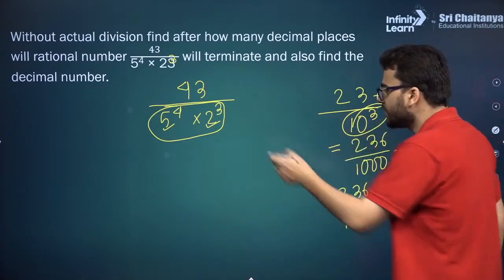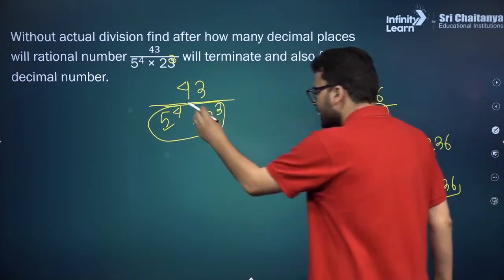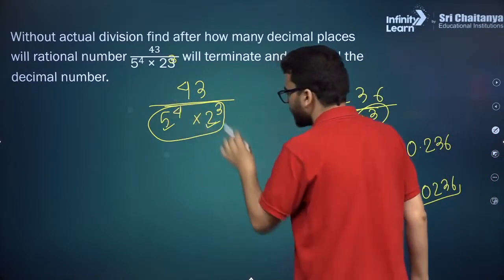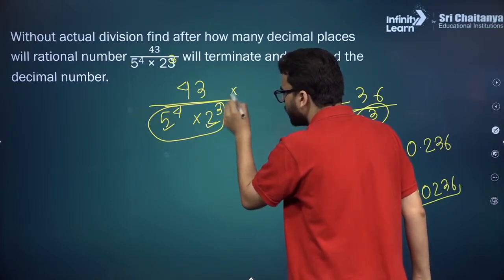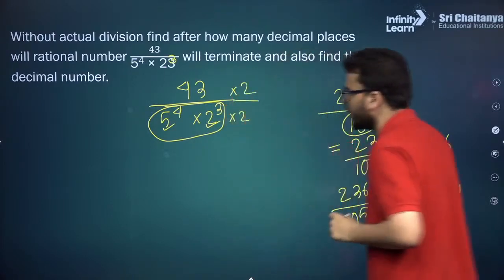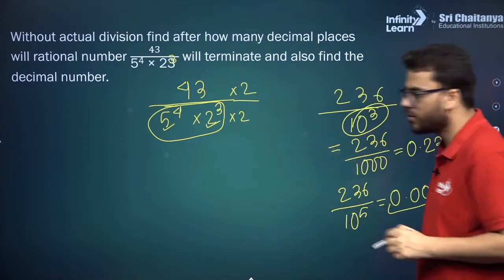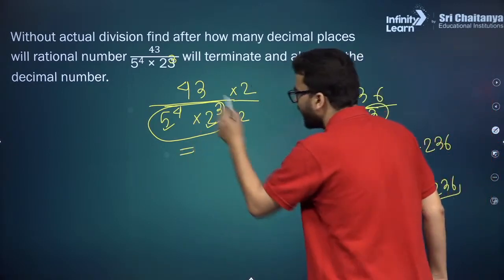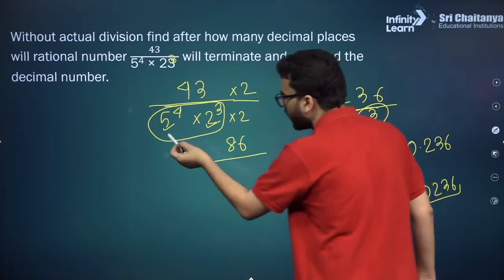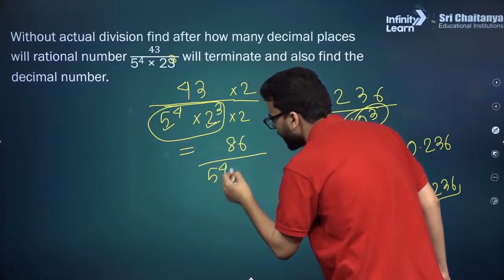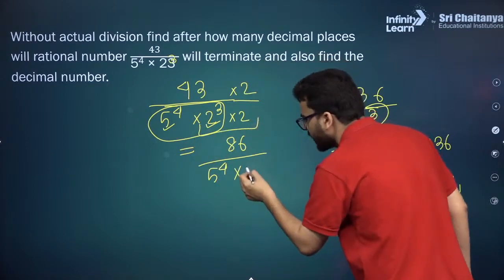So what will I do? You see, 5 raised to the power 4 is there, and this is 2 raised to the power 3. So I have to multiply by 2 in the numerator as well as the denominator. In the numerator, I get 86, and in the denominator it is 5 raised to the power 4 and also 2 raised to the power 4.